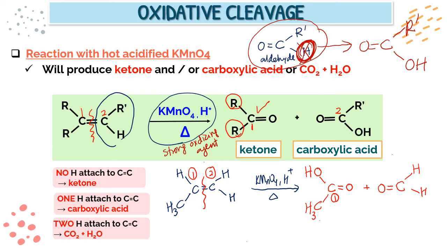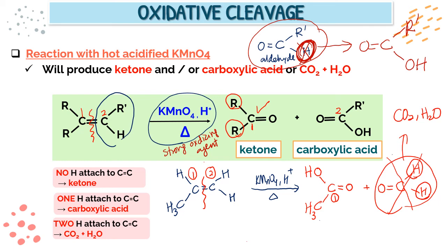Once you have it, it has 2 more hydrogens over here, so this hydrogen will be further oxidized. So instead of getting a carboxylic acid, this one will straight away produce carbon dioxide and H2O. I hope this is clear.